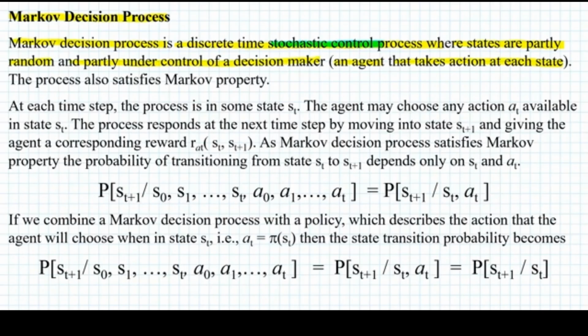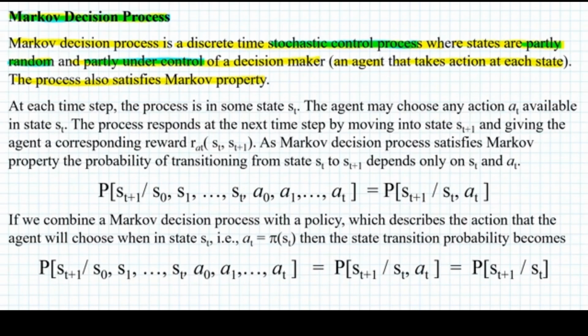So stochastic control process is a combination of partly random and partly controlled process. And if such a stochastic decision process satisfies the Markov property also, then the process is called Markov decision process.